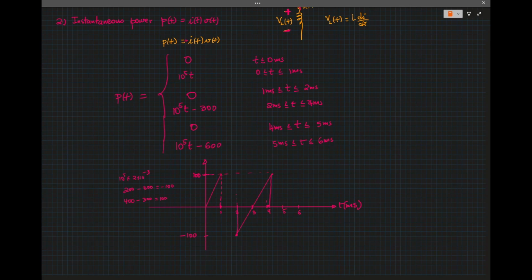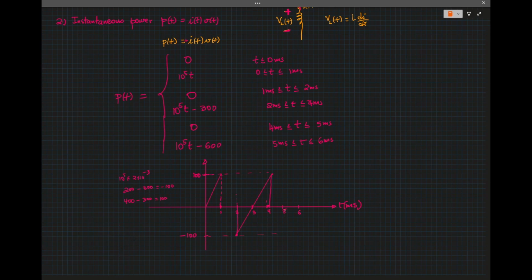And then now between 4 and 5 it is 0, and then between 5 and 6, when I multiply 10 to the 5 times 5 milliseconds, that gives me 500. 500 minus 600 gives me minus 100.